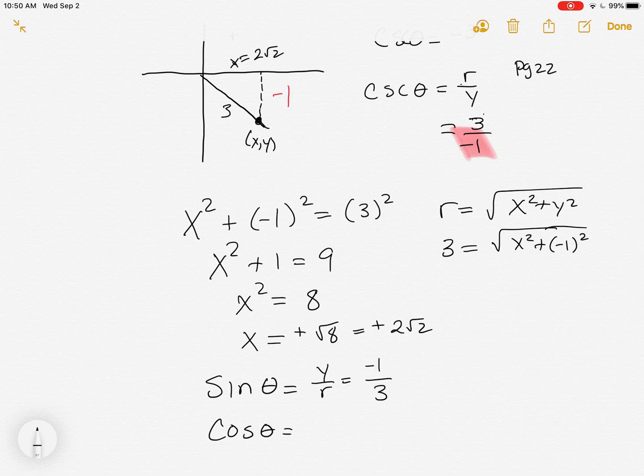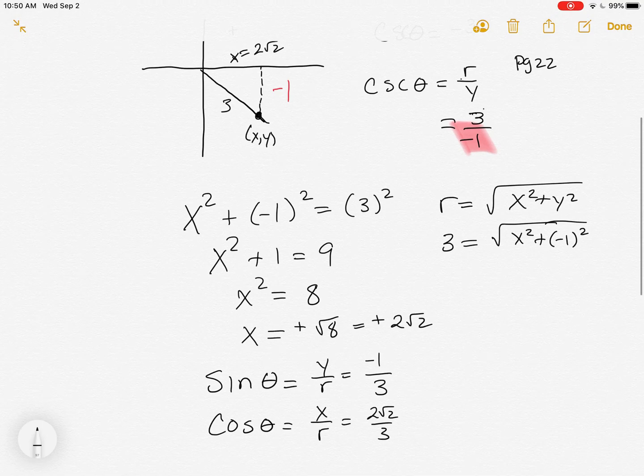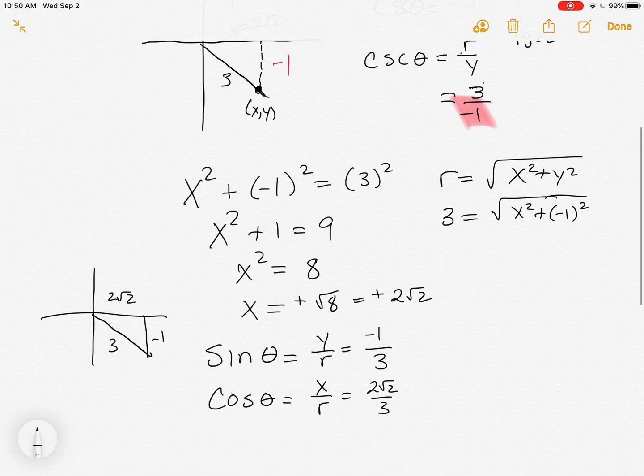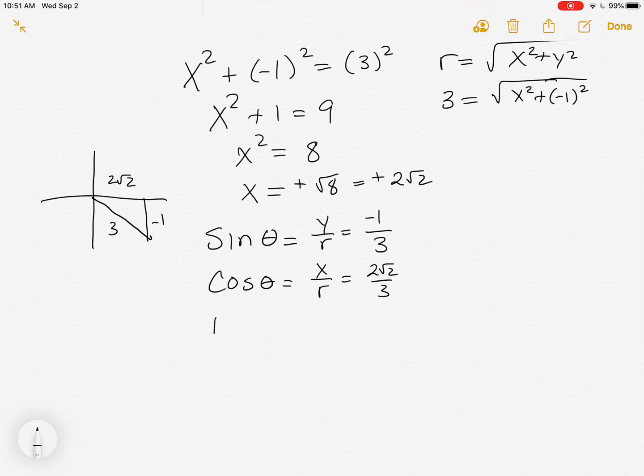Well, from 1.3 they defined it as x over r. What's that? 2 root 2 over 3. Awesome. And I'm going to just translate this picture down here so we don't lose it. So we had this picture where we ultimately decided this was -1, this was 2 root 2, and this is 3.